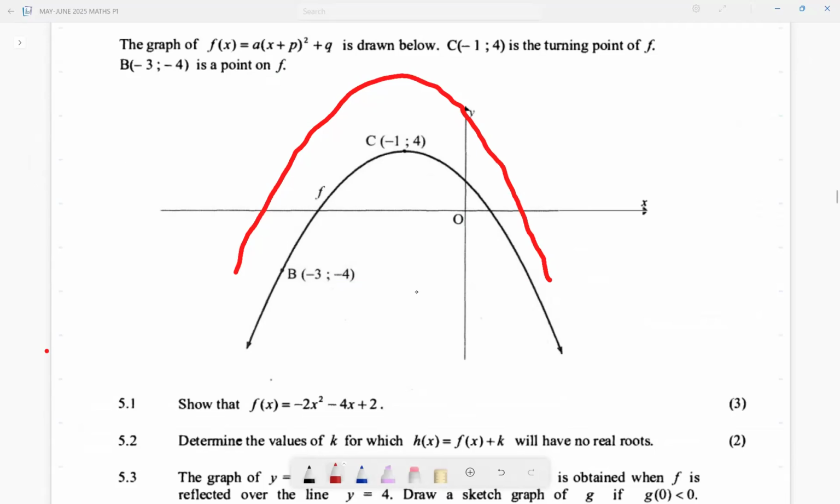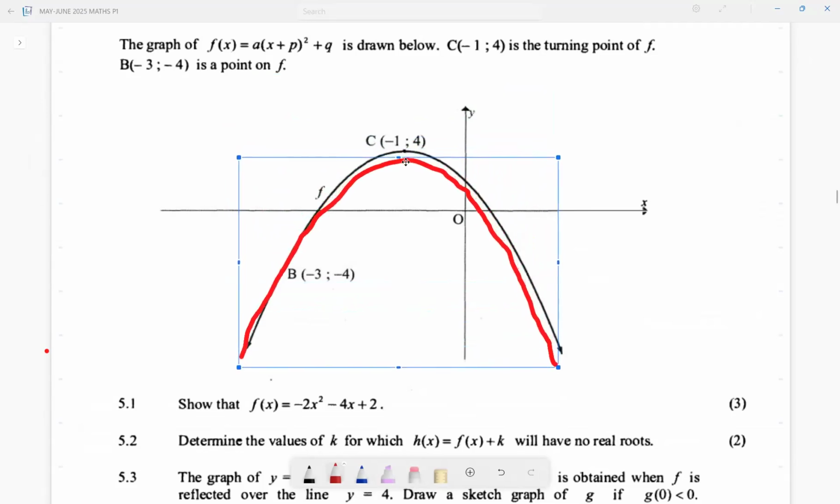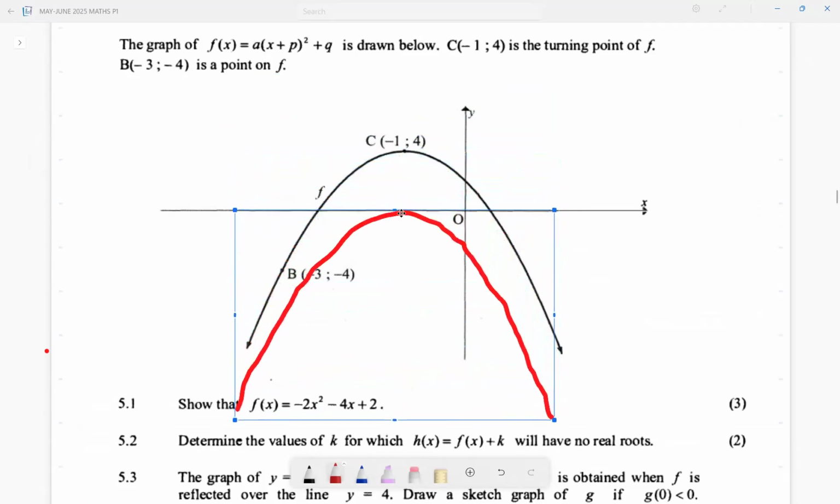For me to have no real roots, I need not to have this root. When I move it up, I still have roots. But let's consider when I move it down, down, down. Can you see it is 4 there? When I move it here, I have moved it exactly 4 units downwards.